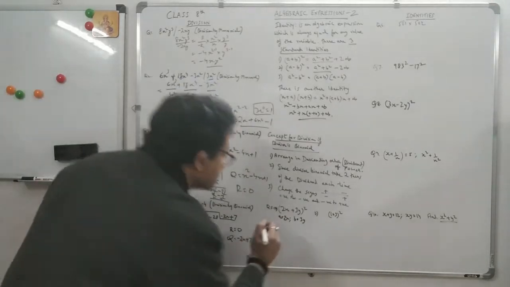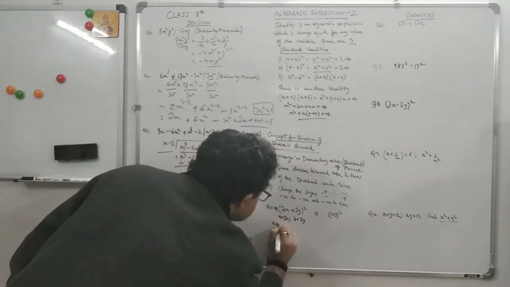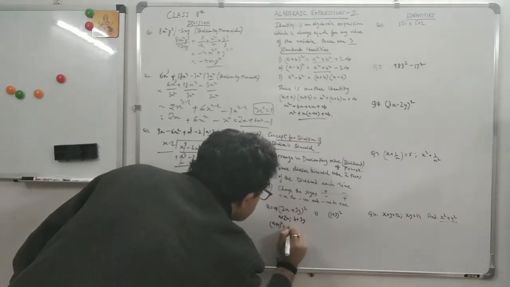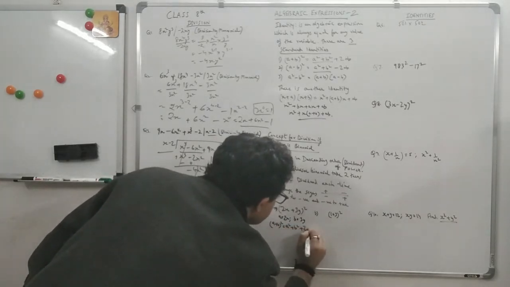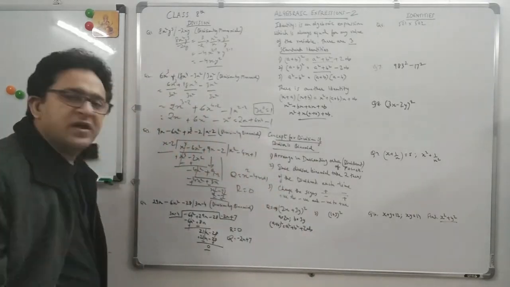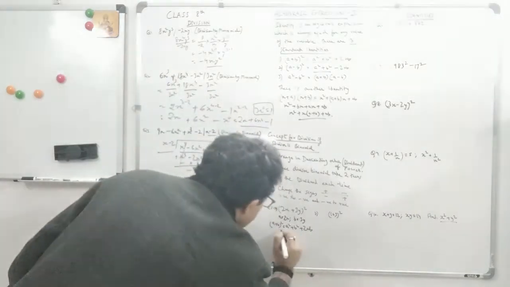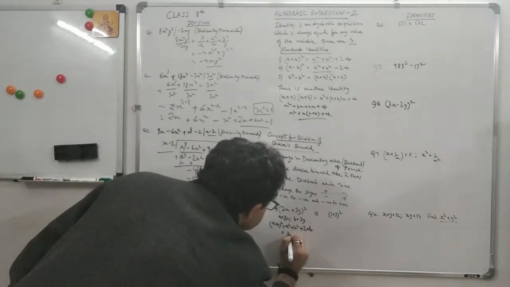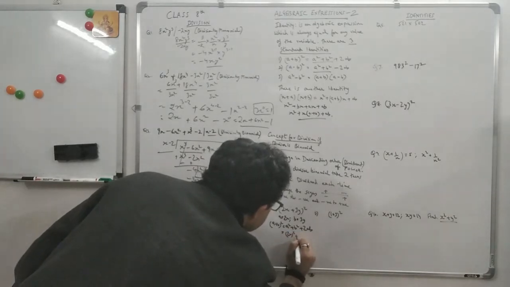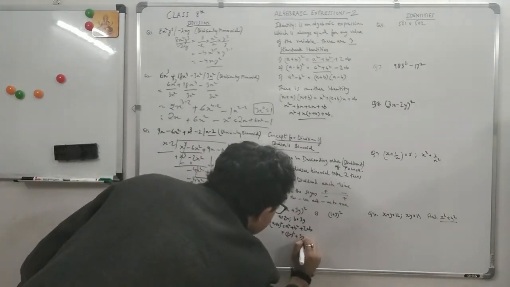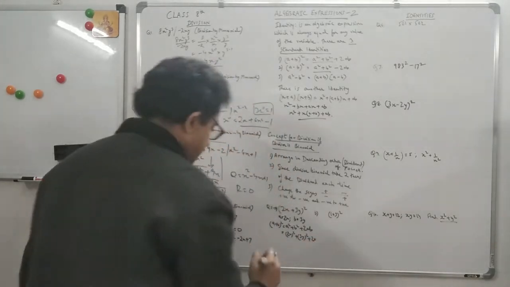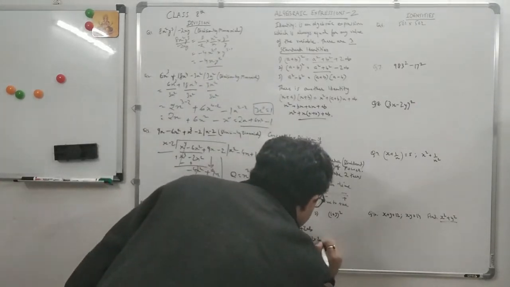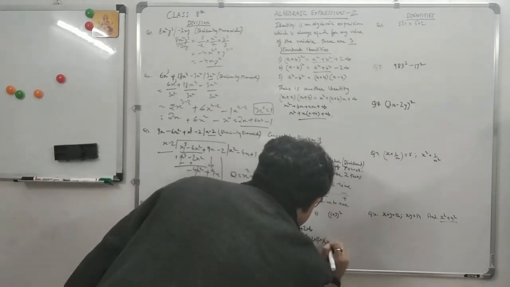You know a plus b whole square is equal to a square plus b square plus 2ab. Now you simply have to replace values. So a square becomes 2x whole square, plus b square is 3y whole square, plus 2 into a into b, where a is 2x and b is 3y.